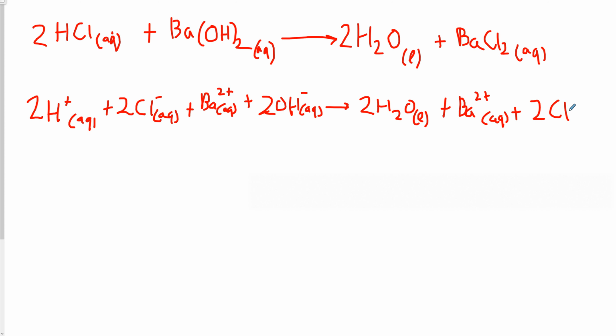Now we go through and we cross everything out that is identical on both sides. I'm seeing Mr. Barium is identical on both sides, goodbye. And I see chloride ion identical on both sides, goodbye. So our net ionic equation is this. What's left?